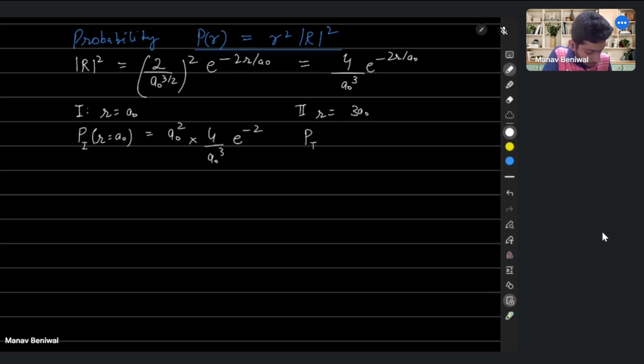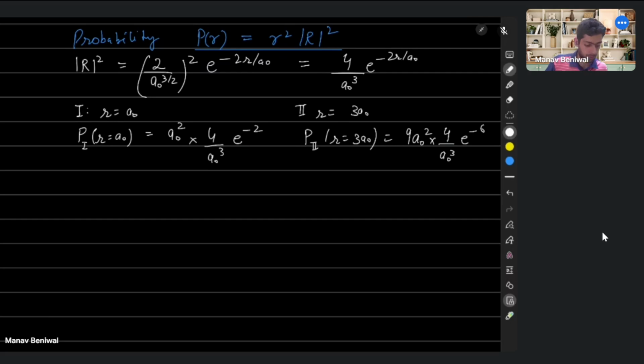And P2, when R is 3 a naught, this becomes 3 squared is 9, and then here you will get e to the power minus 6.